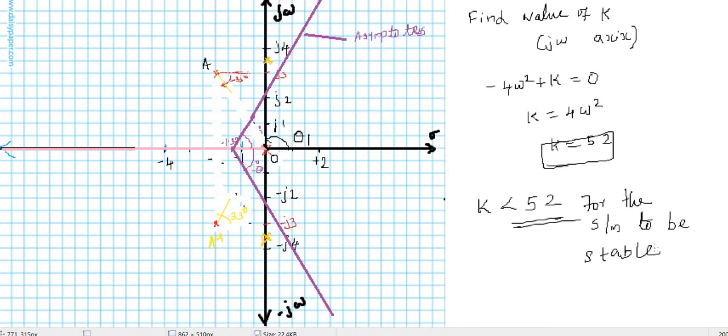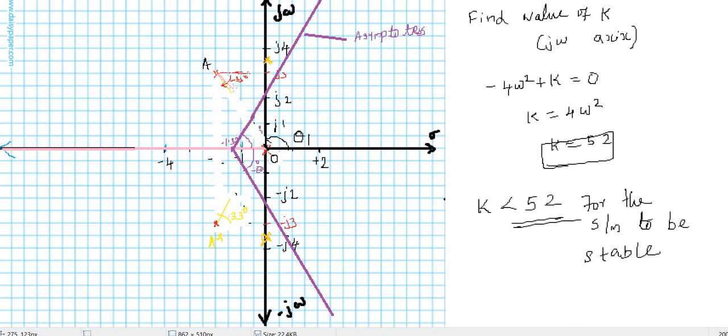Okay, so we have got that also, and we have got the meeting points. So how can we draw the root locus now? For that, we don't have any breakaway or break-in points. So we have to start the root locus from the complex pole A and A complement through the angle of departure.